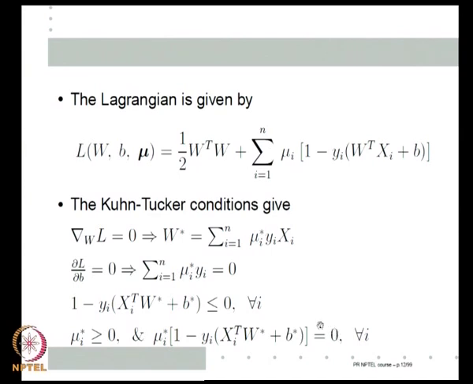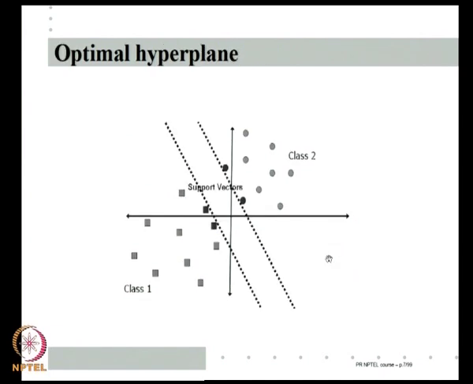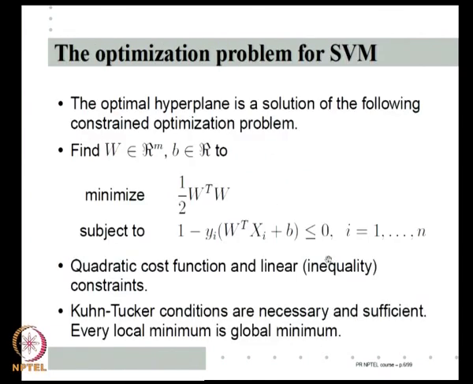As I have already mentioned last class, our optimization problem is such that there is one constraint for each example. Essentially, because I want w, b to be a separating hyperplane, each example x i, y i should be on the right side of the separating hyperplane. So, each constraint is tied to one example, and each example has one constraint.